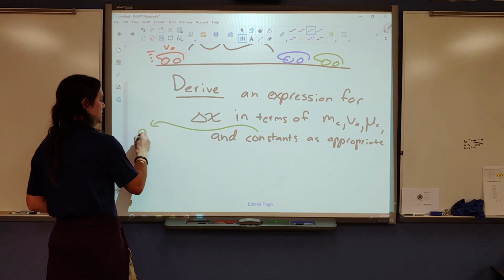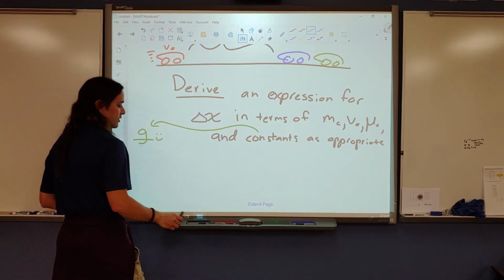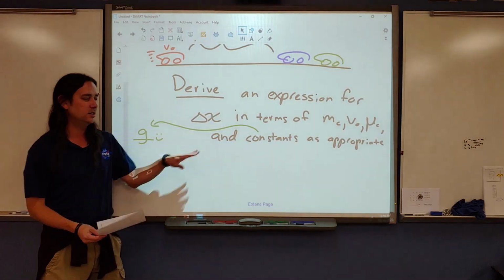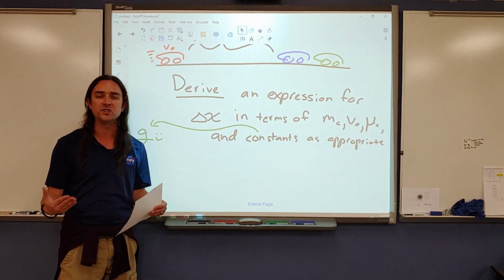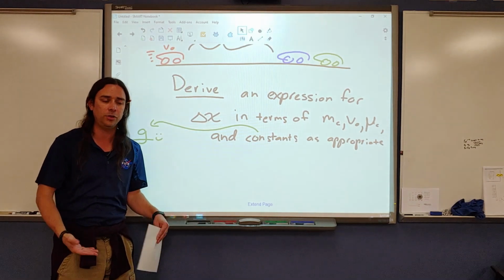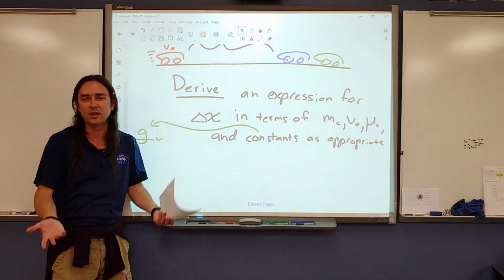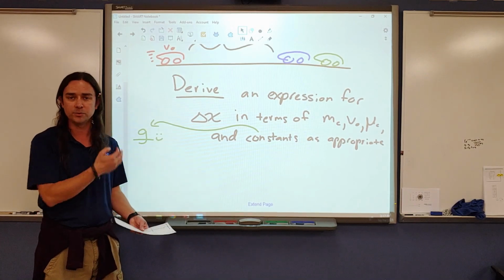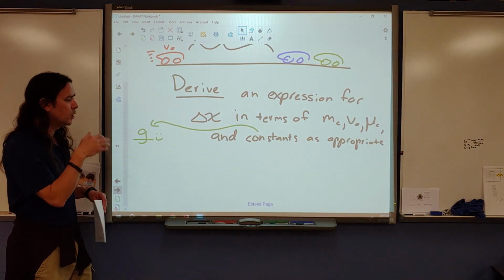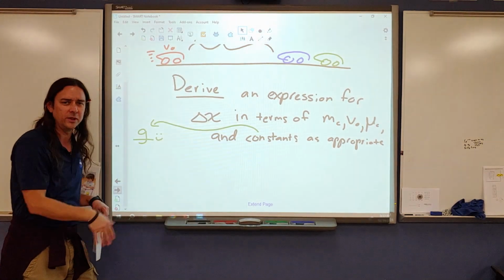Physical constants basically means you can answer in terms of g. So g is allowed. In general, physical constants are if you Google it and it's always the same number. So if you Google the acceleration due to gravity near the surface of the Earth, it's always the same number. We would say that it's 9.81 meters per second squared, or newtons per kilogram in magnitude. So if it's always the same number, usually that's the case.